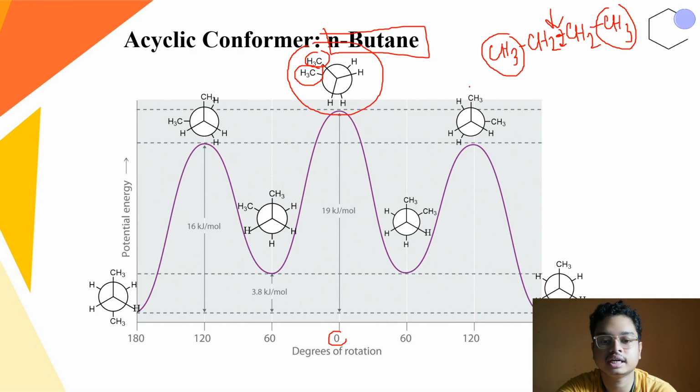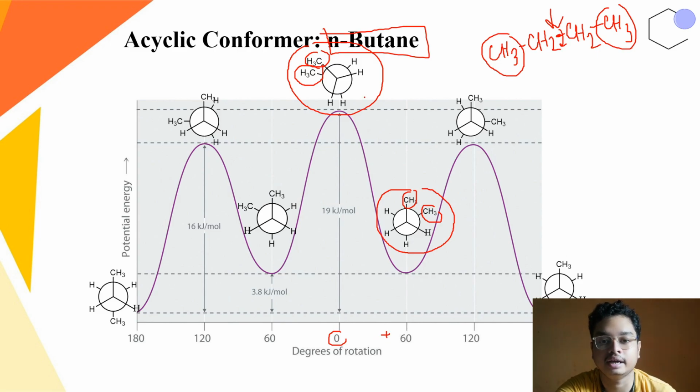Now if we rotate this by 60-degree, you get a new conformer, and this is named the Gauche conformer, where these two bulky CH3 groups are 60-degree apart. Like this, the torsion angle between these two groups is 60-degree in the plus 60-degree rotation.